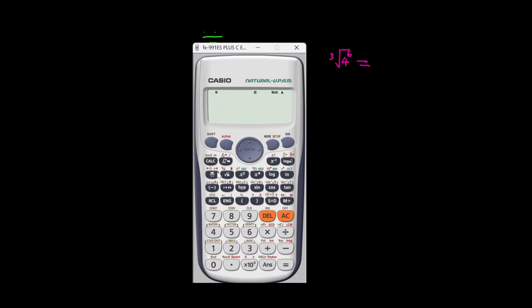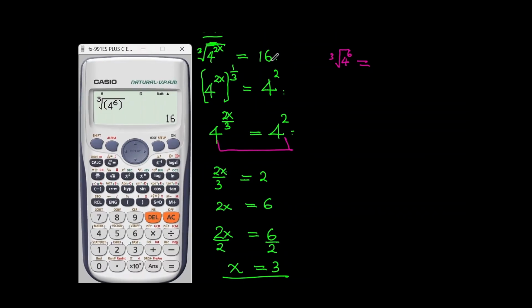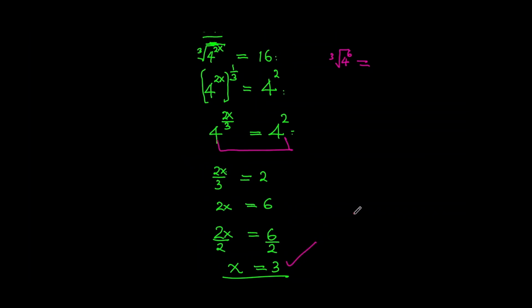So we have the cube root here in my calculator, I press shift and the cube root is given there, and I need to place some brackets so that everything, that is 4 raised to the power of 6, is closed in a bracket, and we press the equal sign. Exactly, we have gotten our 16, and that is equal to what we have here. So the value x equals 3 is valid.